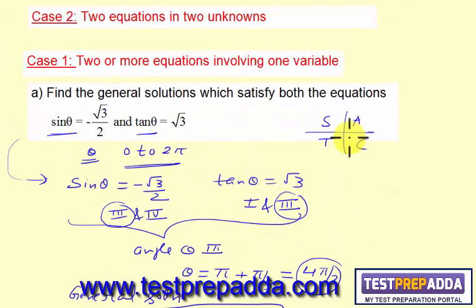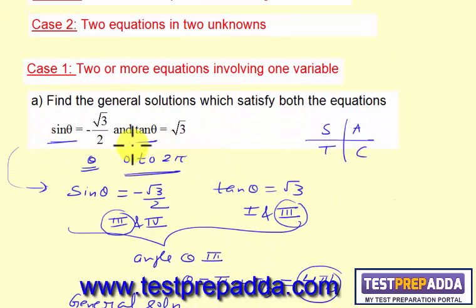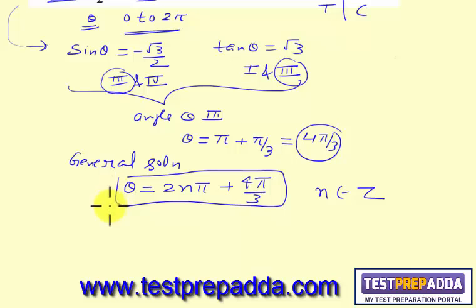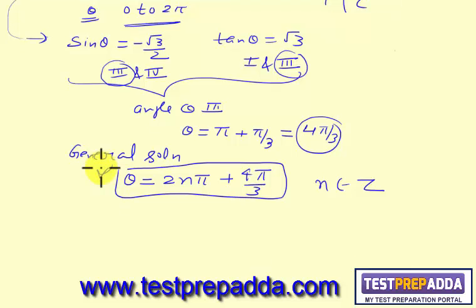So I repeat here for you, whenever two equations are given with one variable, never solve these two equations separately. Try to find an angle which lies between 0 to 2 pi and satisfies both the equations, and on the basis of that angle you can predict general solution. Okay, now I'll take another question here.